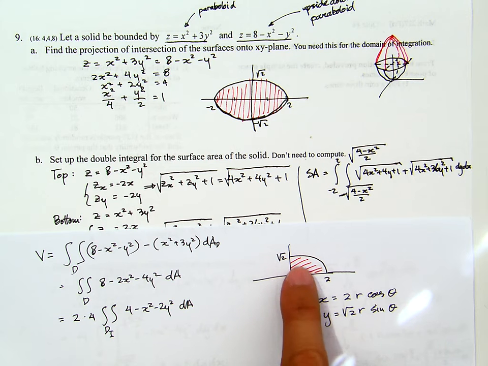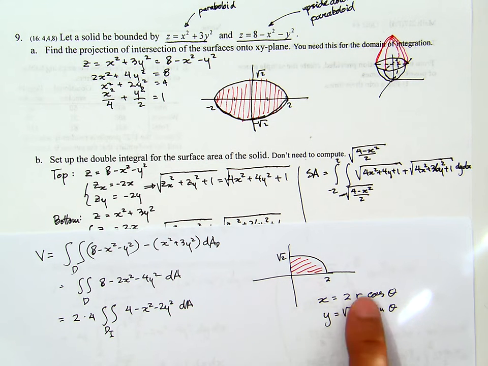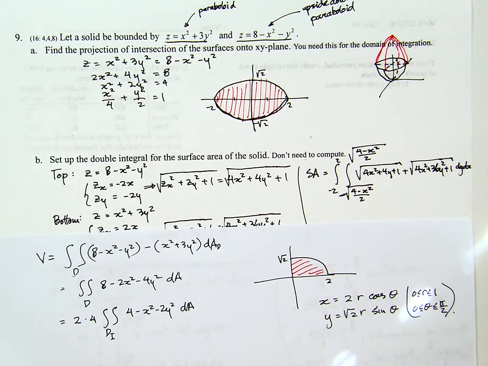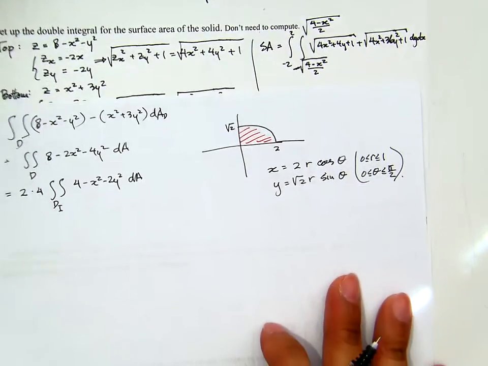Because we also want to include the interior part, we use r, where r is between 0 and 1, and theta is from 0 to pi over 2. Now we will use change of variable.